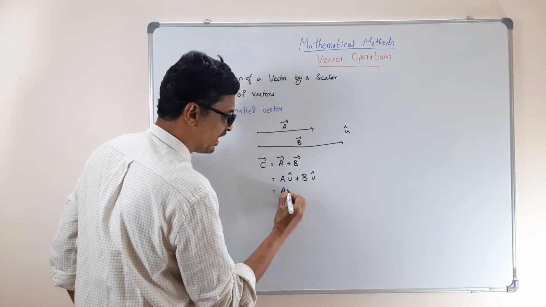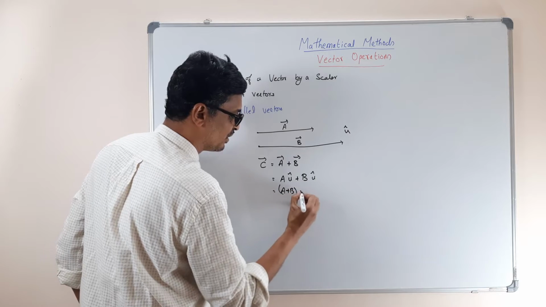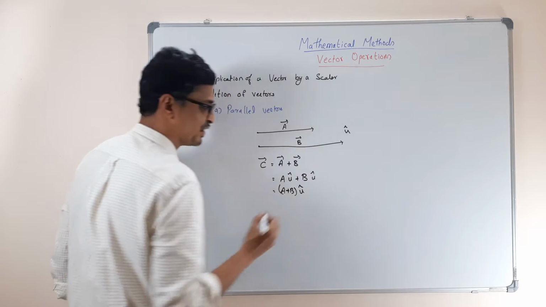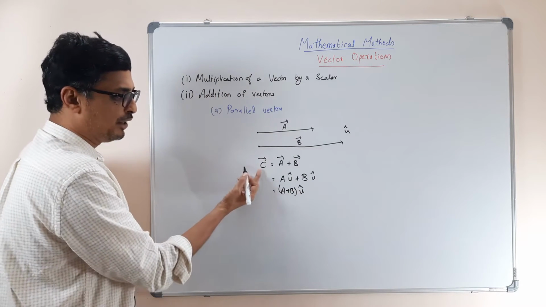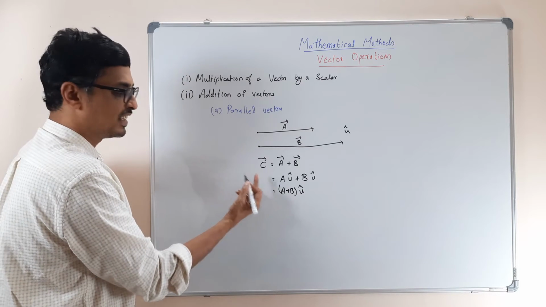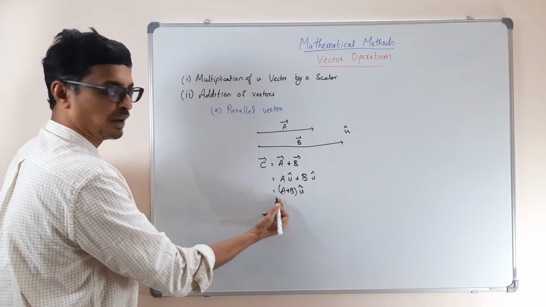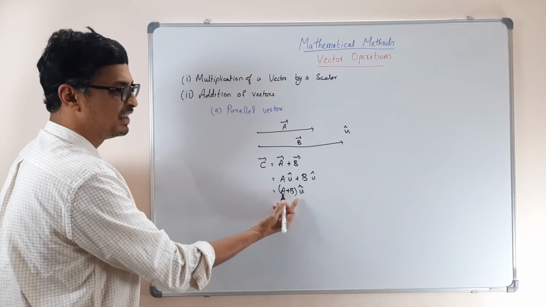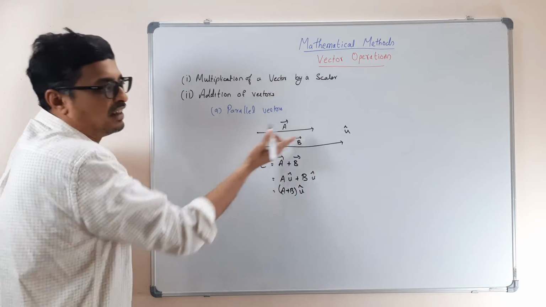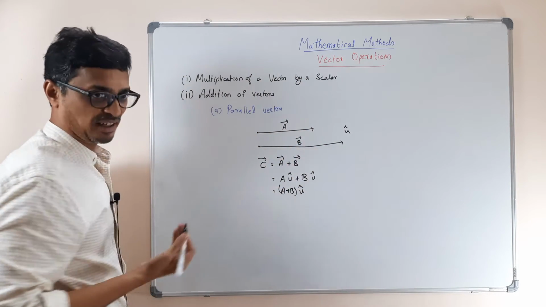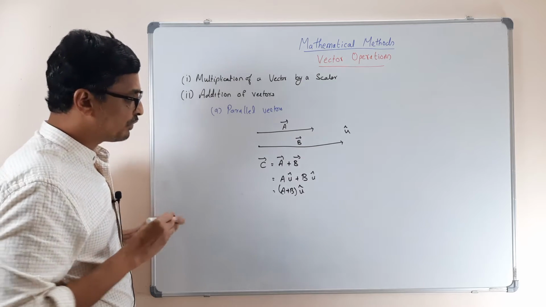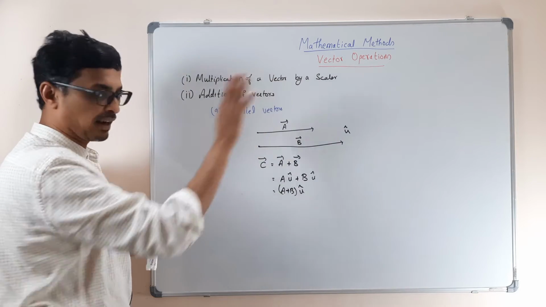Then it will be (A plus B) u cap. The magnitude of the C vector will be nothing but the sum of the magnitudes of these two vectors, and the direction will be the same direction that they both have. So this is what we call the case when both the vectors are parallel.